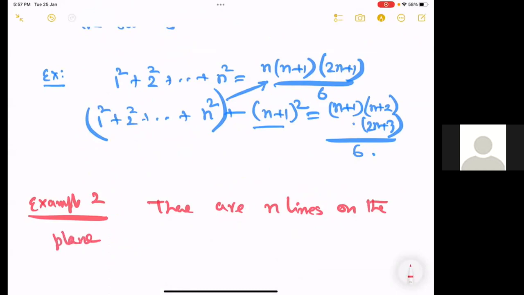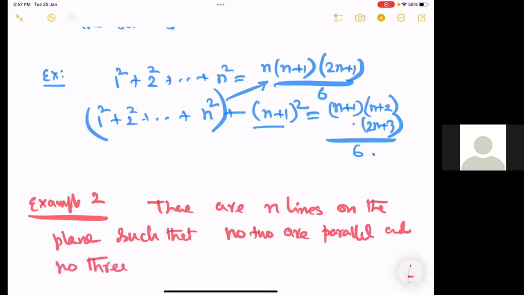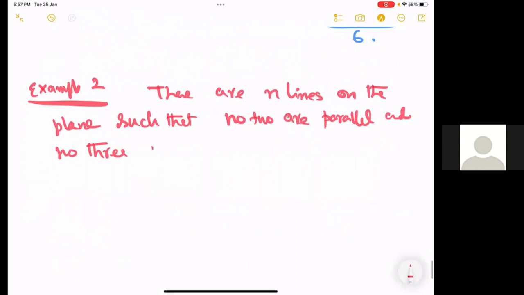The previous was an example from numbers; this is an example from geometry. Such that no two are parallel and no three are concurrent.